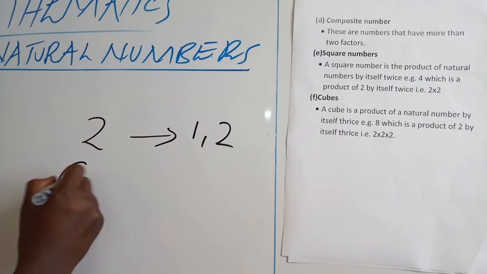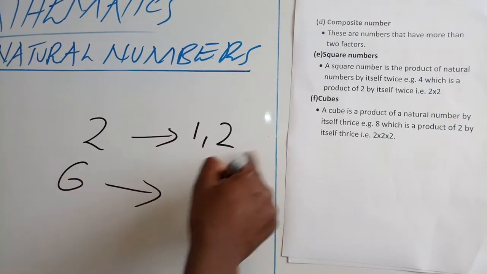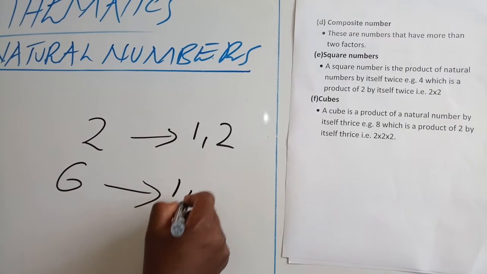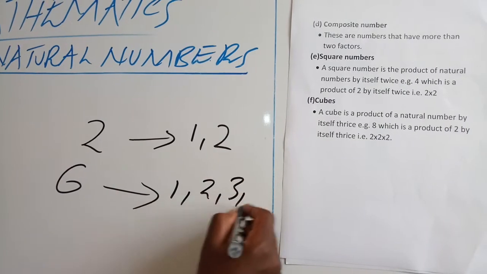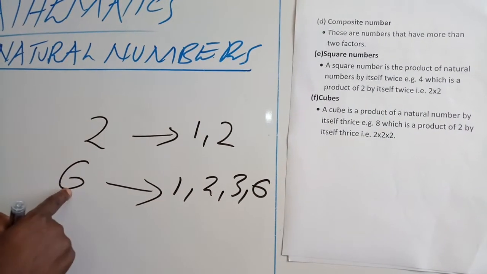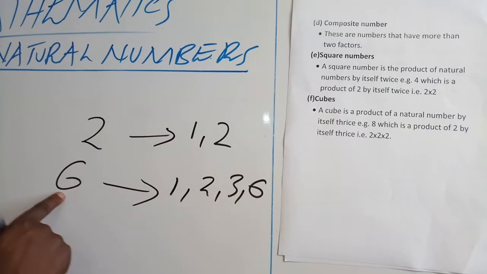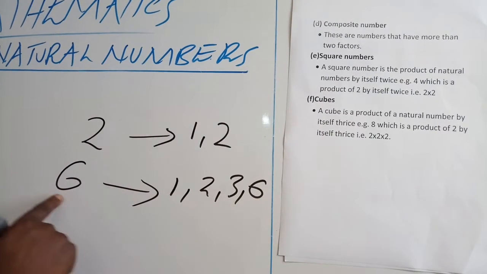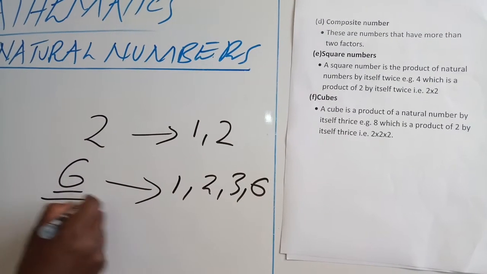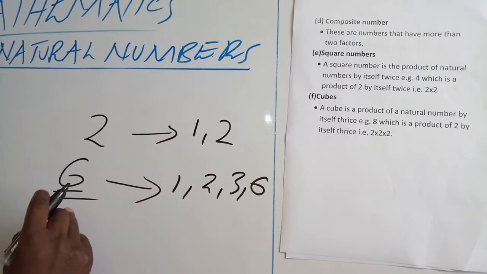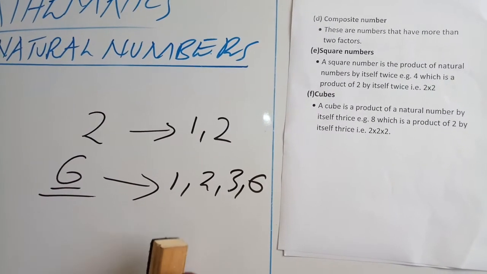What about 6? 6 has more than 2 factors. We have 1, 2, 3, and 6. 1 goes there 6, 2 goes there 3 times, 3 goes there 2 times, 6 goes there 1 time. So 6 is an example of a composite number. We are done with that.